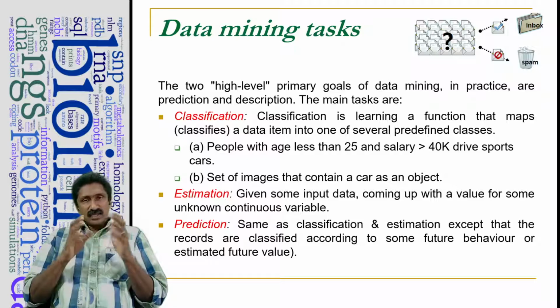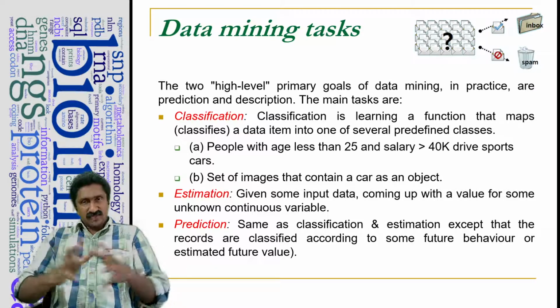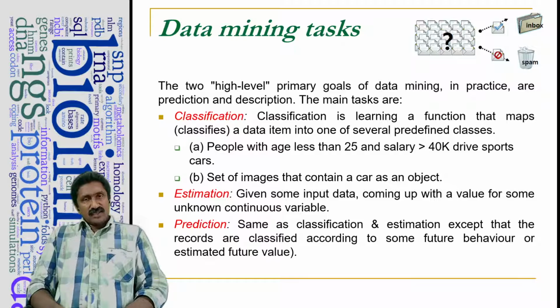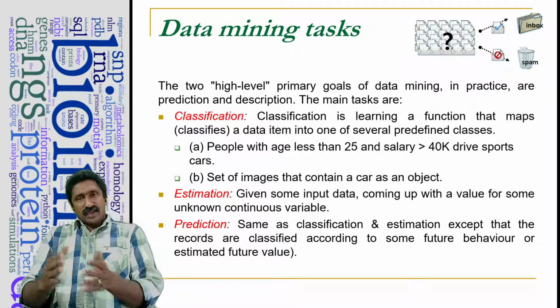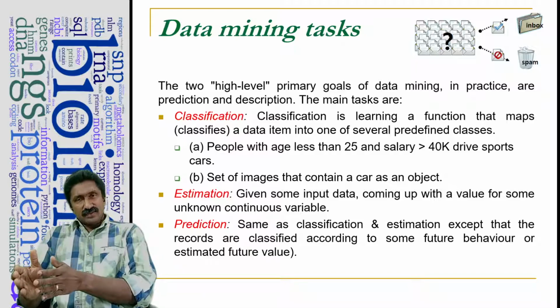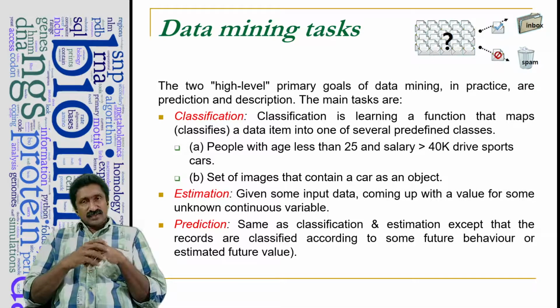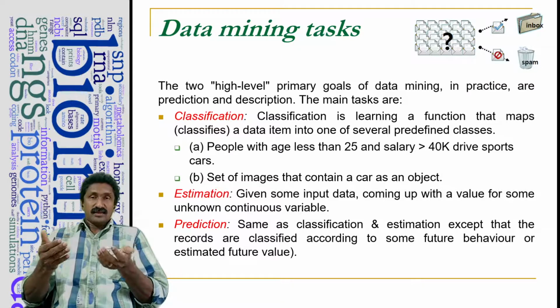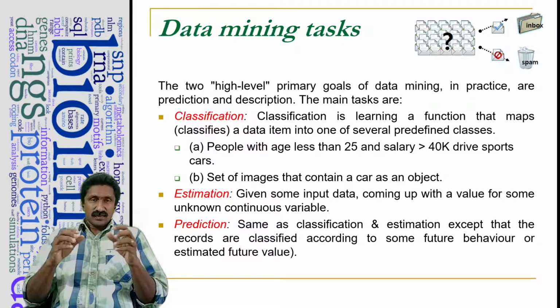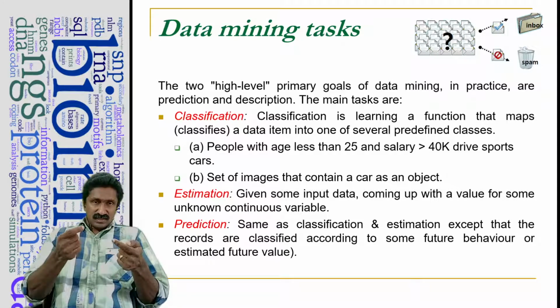Classification is learning a function that maps or classifies a data item into several predefined classes. So you want to group or classify your data. For example, people with age less than 25 and salary greater than 40K drive sports cars.